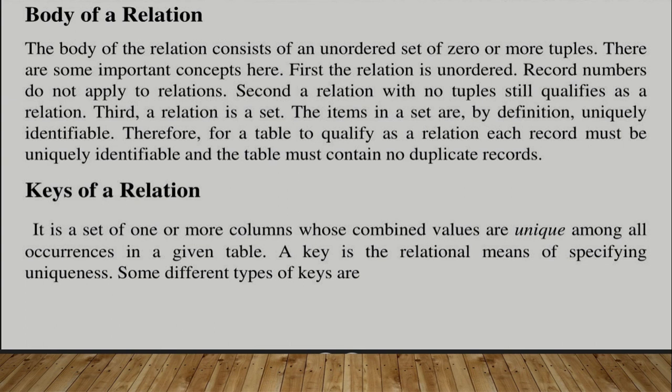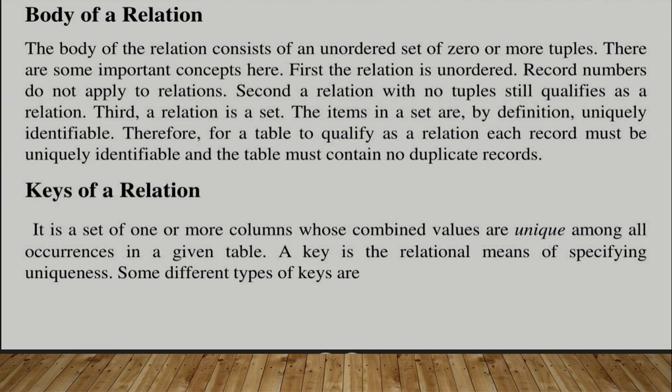And third, the relation is a set and the items in the set are uniquely identifiable, right? These are the three major points of the body of the relation. And for a table to qualify as a relation, each record must be uniquely identifiable and the table must contain no duplicate records.